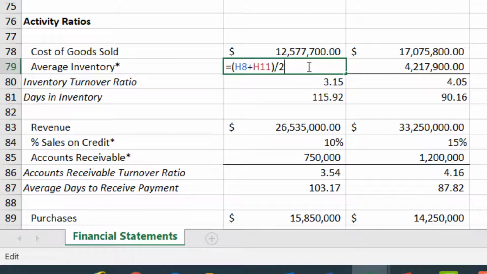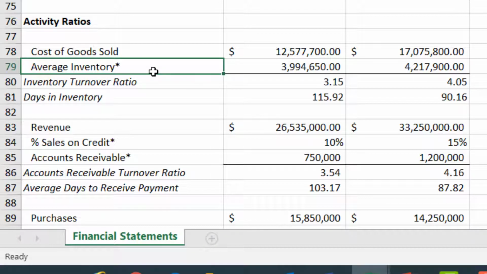Let me double click on this so you can see it. So H8 is where the beginning inventory is hiding over on the income statement, and H11 is where the ending inventory is. And you just add those together, throw in some brackets to make sure you control for order of operations, and divide by 2, and you get the average inventory. Now, the textbook I was using to build all of this information said to just use inventory. And I thought, what do you mean by inventory?